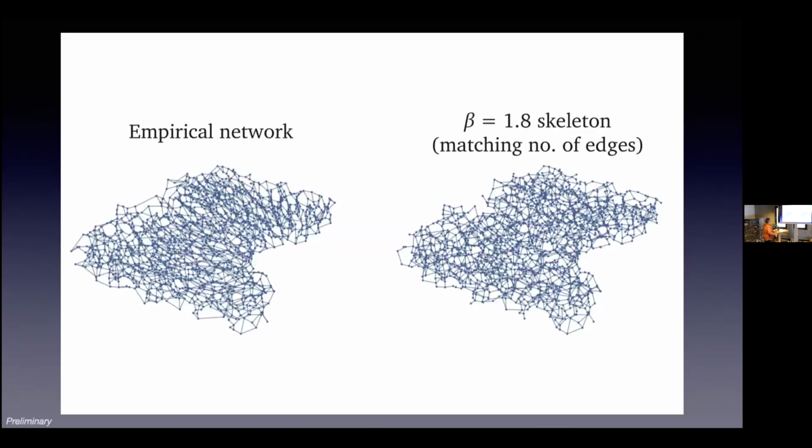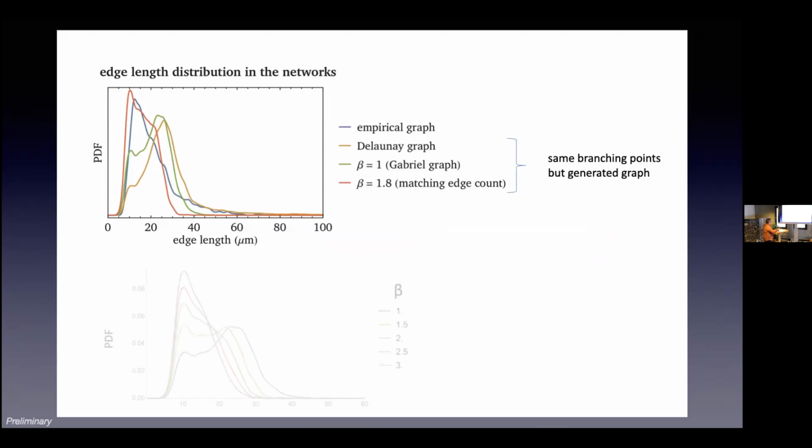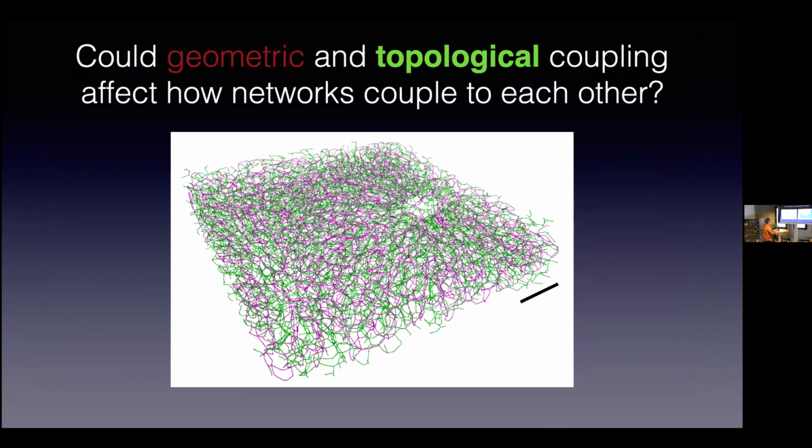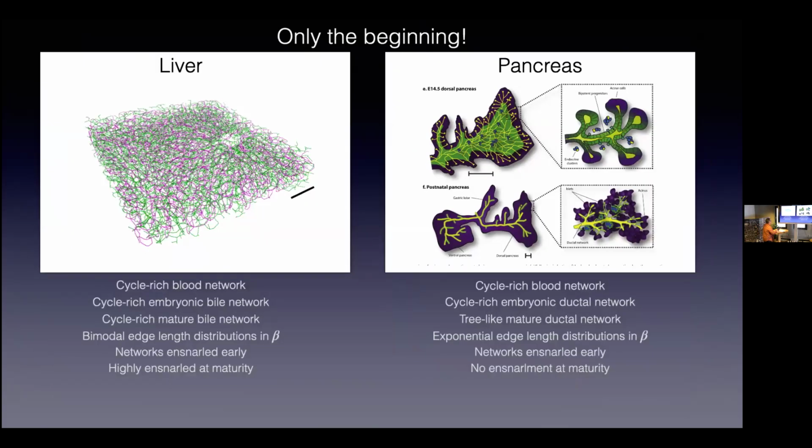With the liver, I already showed you these things. Because it's past the time for break, I just want to jump quickly to this comparison. You have these two different organs that both have really interesting pairs of networks.